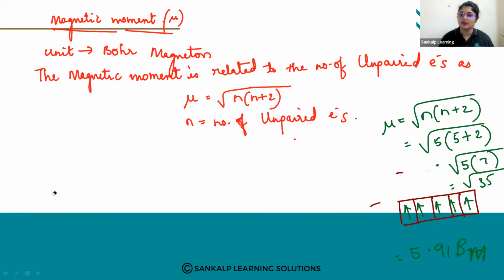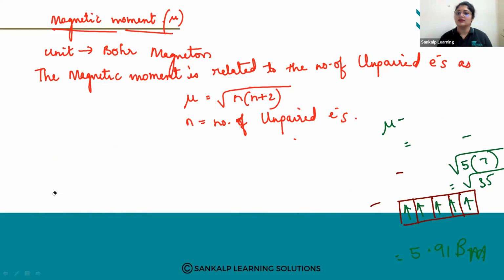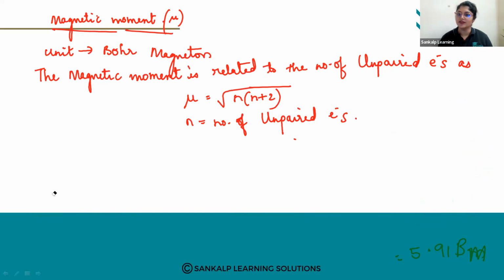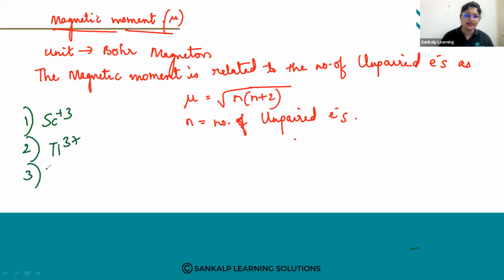From the objective point of view, they will give you different answers and you have to find the answer and match it. First you can find for scandium +3, which we have done. Second is titanium +3. Third is titanium +2. Fourth is palladium +2.